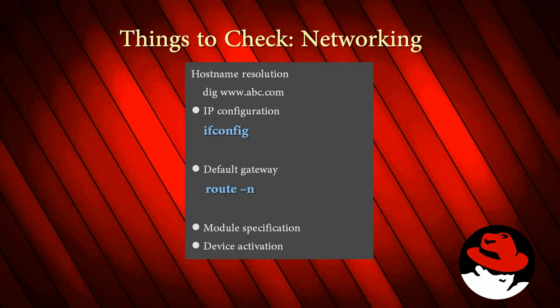The default gateway could be checked with the route command. It could show you all the paths, the gateway, and other details. The netstat -r or netstat -rn command will show if the system routing table is correct or not. For the data packets, you can check the module specifications and the device activation as well.